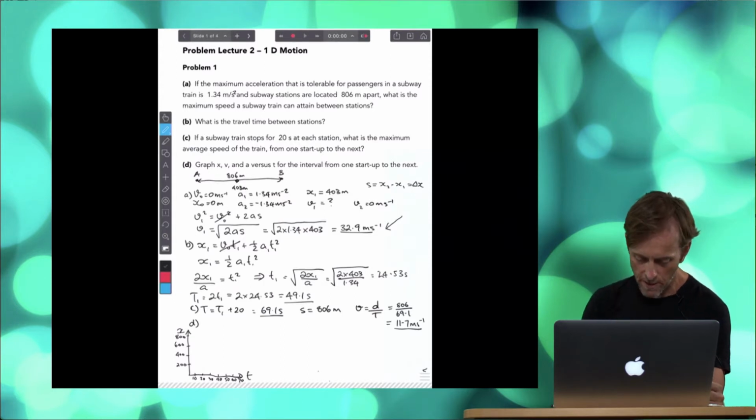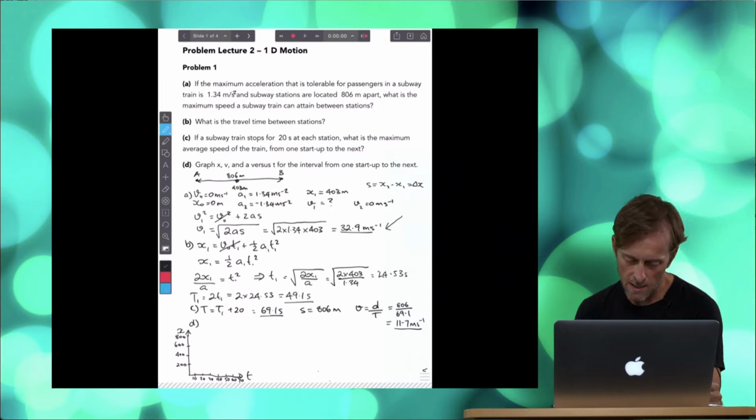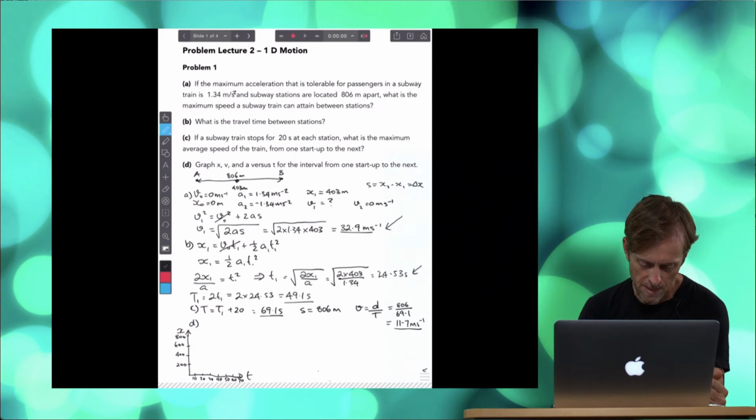So remember that we accelerated up to our midpoint, and our midpoint was around about the 400 meter mark, so around 400. And it took us around about, if you look at the up here, that took us around about 25 seconds. So roughly on our graph, 25 seconds we got to this position. So like that. And we did that in a fashion that was accelerating.